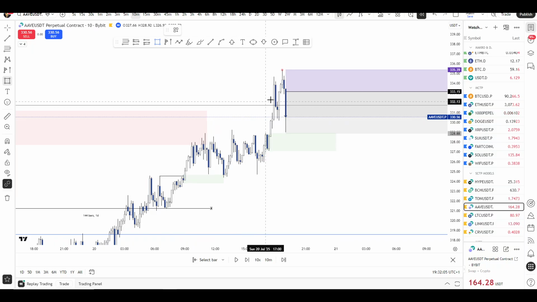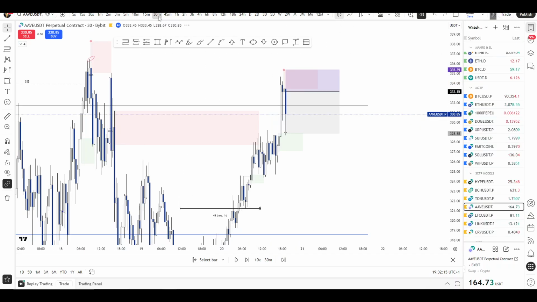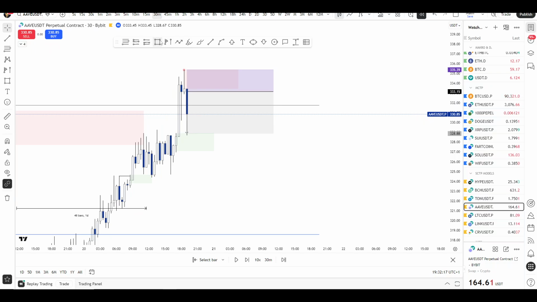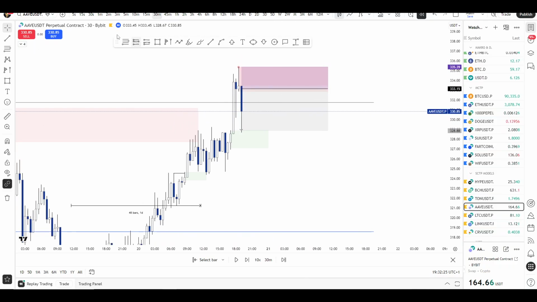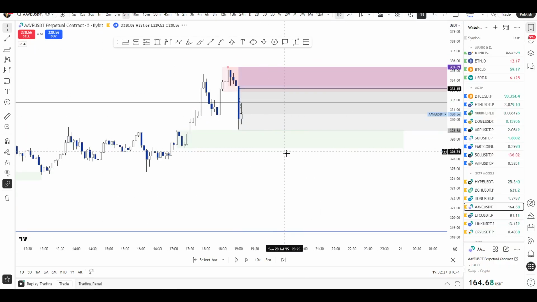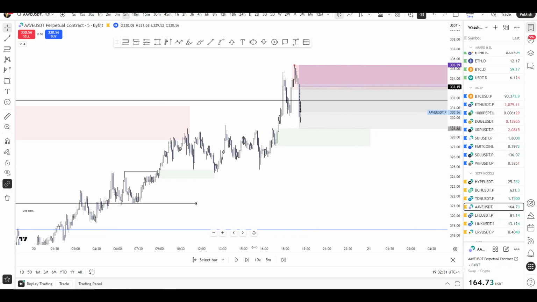Yeah, so it's a little imbalance here. Nothing on the 15. Oh, I like this 30-minute order block. Well, it's still in the creation, but yeah, this is a quite fast move up.